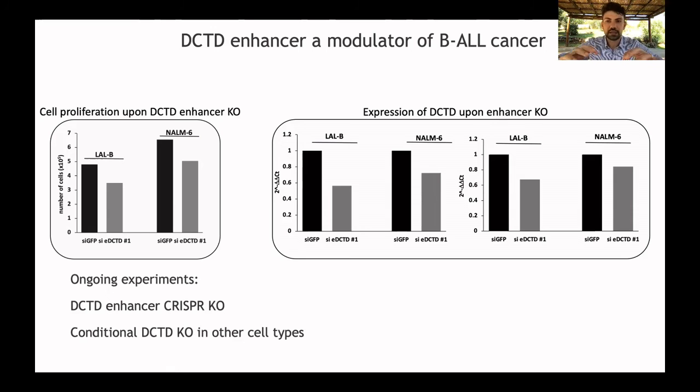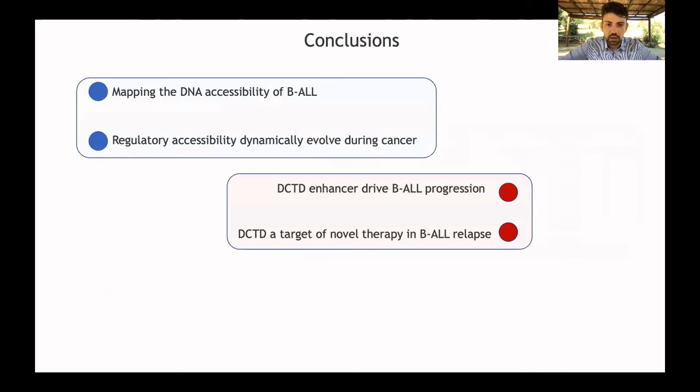Right now, we are performing several experiments, including the CRISPR knockout of the DCTD enhancer, and also the conditional knockout of the DCTD enhancer in other cell types. So, as a summary of the work we have done, we have mapped the DNA accessibility landscape of B-cell acute lymphoblastic leukemia, and we have provided evidence that the regulatory accessibility landscape dynamically evolved during cancer progression.